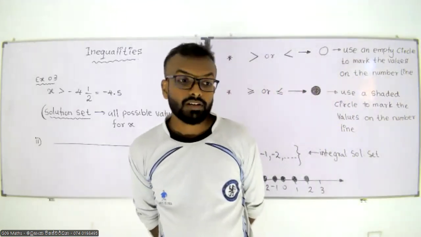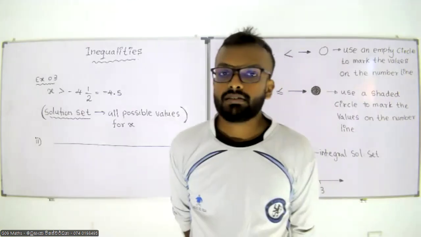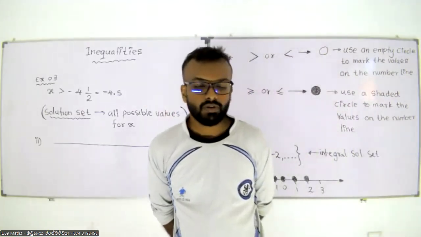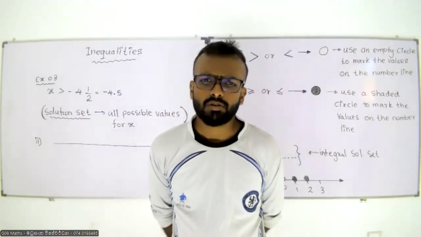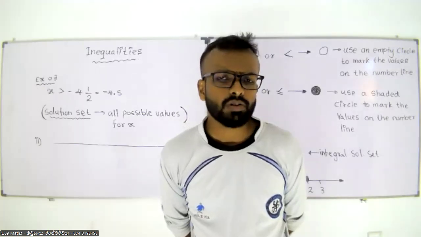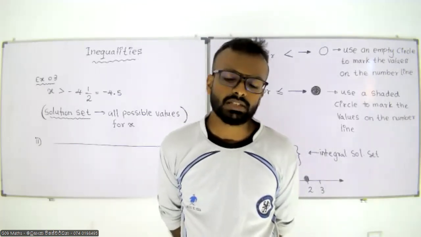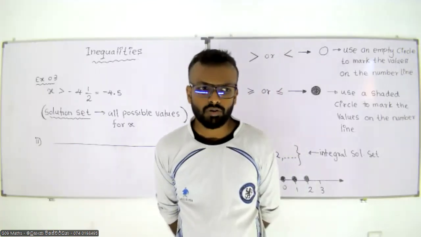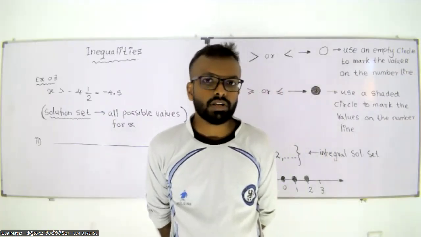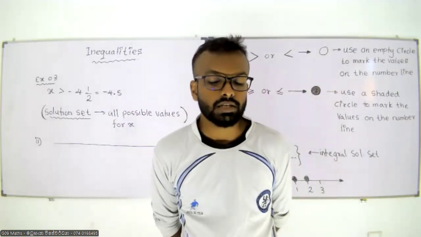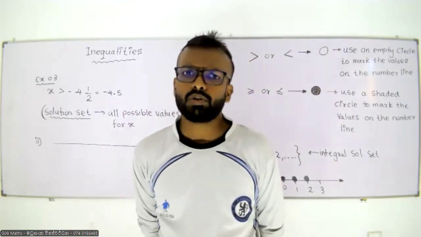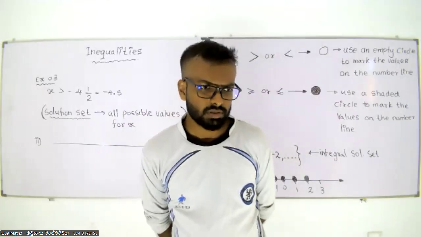Is negative 5 greater than negative 4.5? What happens when you are going to the negative side on a number line? The values, what happens to the values? Is the magnitude getting bigger or getting smaller? When you are traveling to the left hand side of the number line, that means the negative side of the number line, what will happen to the magnitudes of the values?